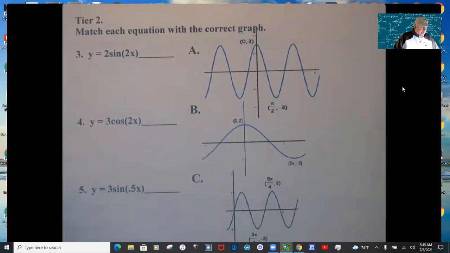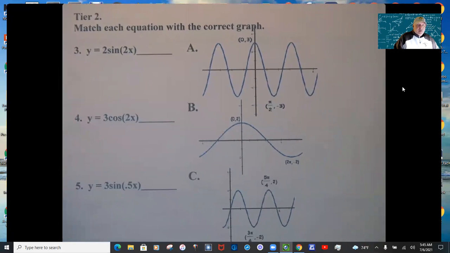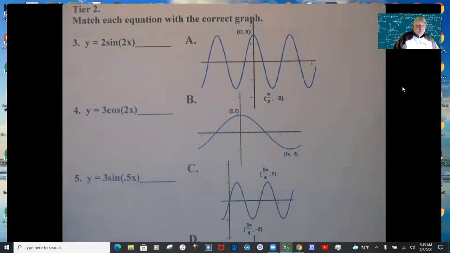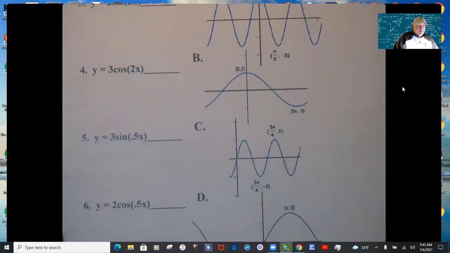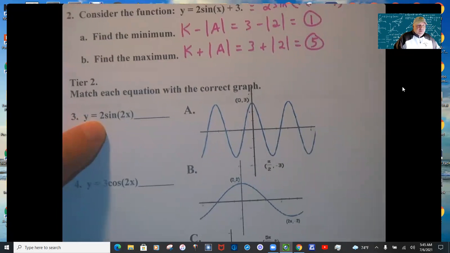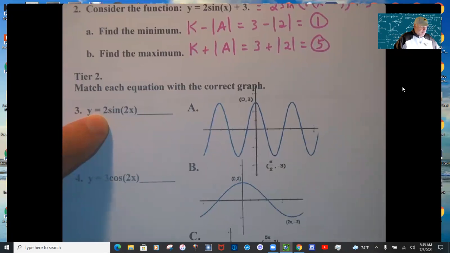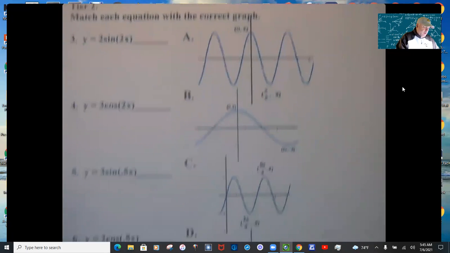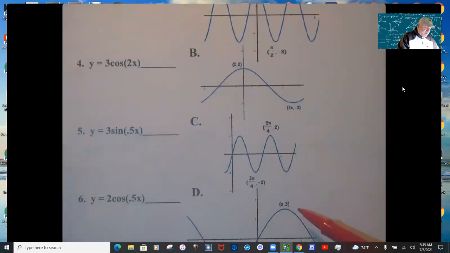Okay, 3, 4, 5, and 6. Basically, you want to spot the cosine graphs. Those do not go through 0, 0. And the sine graphs do go through 0, 0. And then maybe look at the amplitude. On this one, we have a sine graph with an amplitude of 2. So it's going to go through 0, 0 and have an amplitude of 2.